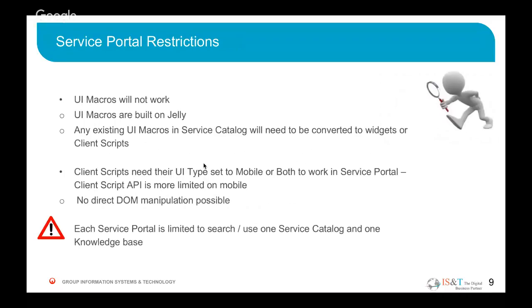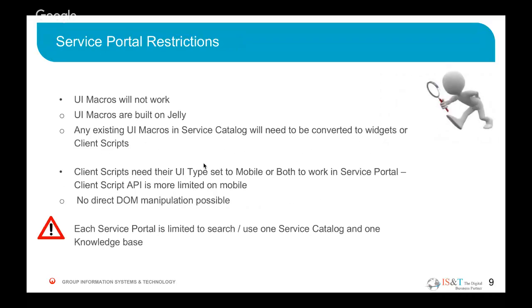Before moving to the demonstration, I want to talk about Service Portal restrictions. As I said at the beginning of my presentation, Jelly is not supported in the Service Portal. And since UI macros are built in Jelly, they will not work in the Service Portal. So any existing UI macros in the service catalog will need to be converted to widgets or client scripts. And of course, client scripts need their UI type set to mobile or both to work in the Service Portal.